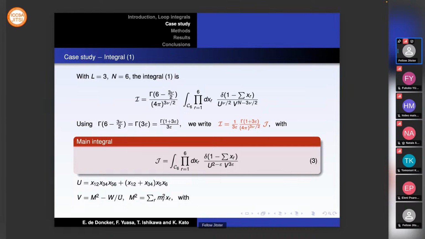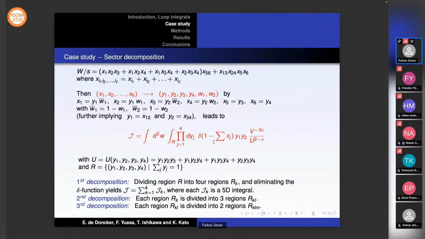V is expressed in terms of another polynomial W. First, the variables x1 through x6 are transformed into y1 through y4, and then w1 and w2. That casts the integral J into integrations from 0 to 1 in w1 and w2, and then over the region R, which is sum of yj equals 1, in y1, y2, y3, and y4.